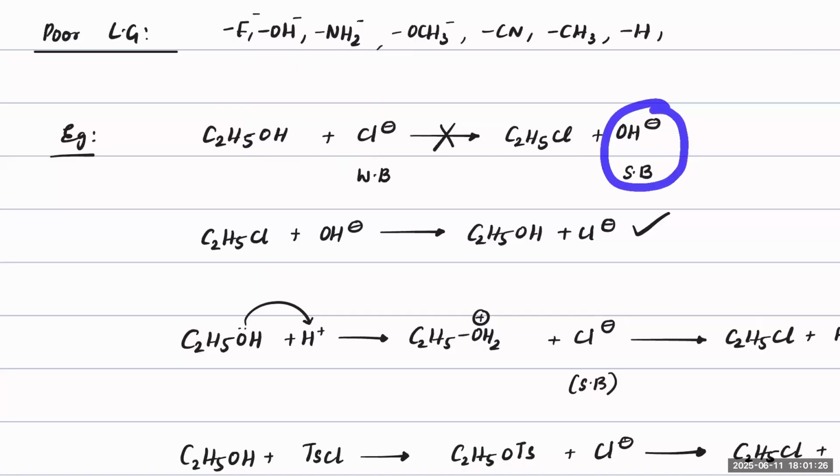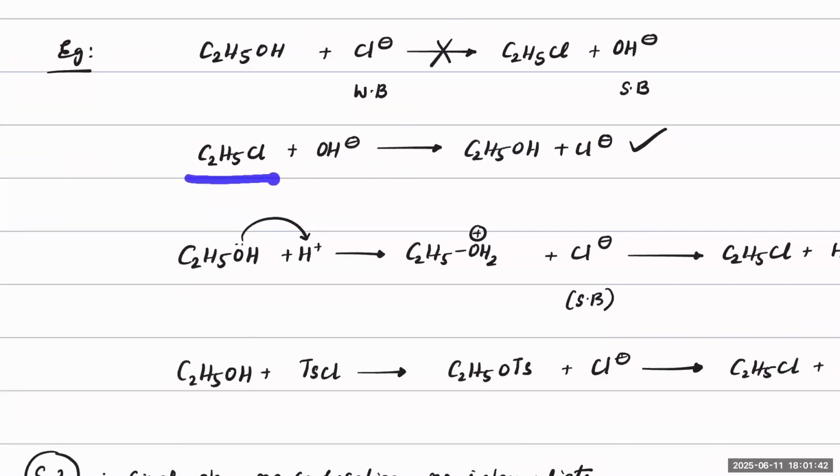Obviously, OH minus. Cl minus is a very weak base. It is coming from a very strong acid. So, a weak base can never generate a strong base. Therefore, this reaction will not happen, but the reverse can happen. That is, an alkyl halide can be easily replaced by OH minus, removing this Cl minus. Thereby, you will get this compound. Clear?